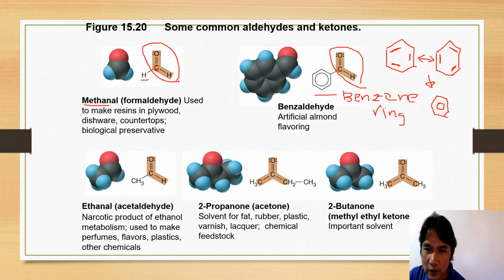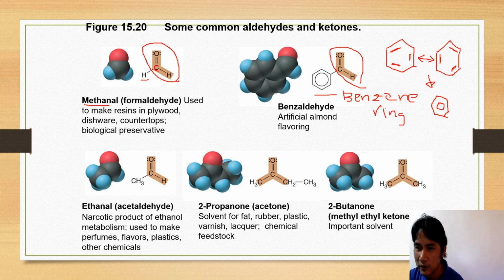So here are examples of ketone, as I said earlier. 2-propanon must have 3 carbon atoms.